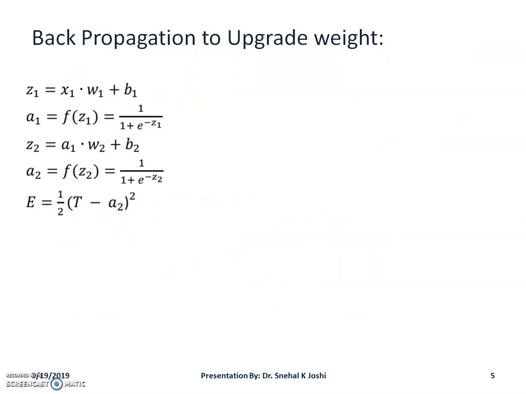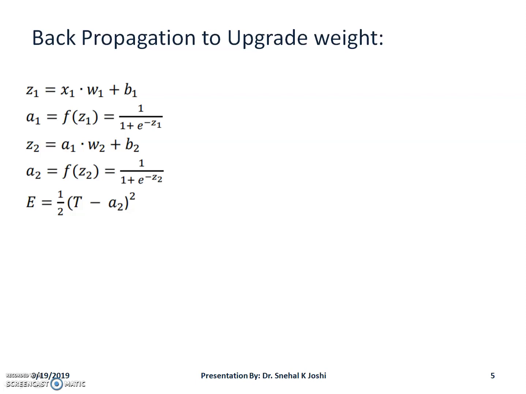Z1 is a function of X1, A1 is a function of Z1, and Z2 is a function of A1. And finally, A2 is a function of Z2. The error is the average of the sum of squares of the difference between ground truth T and output A2.